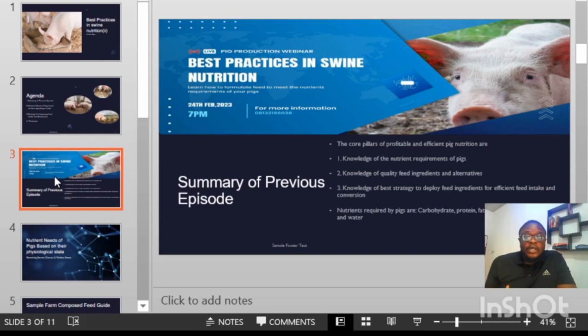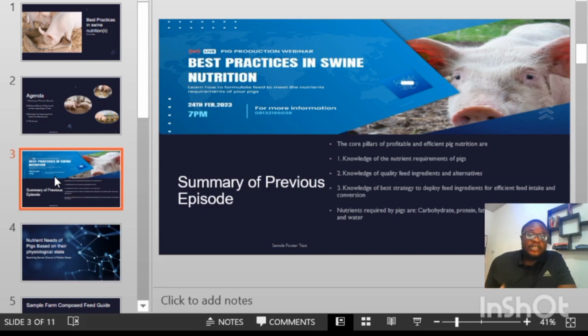So we looked at the nutrition requirements for pigs, and we said, look, just like human beings have a balanced feed system, nutrients that make up the balanced feeding, for pigs also, we have nutrients that should make up a balanced feed. These nutrients include carbohydrates, otherwise called energy, protein, fatty acids, vitamins, and minerals, as well as water. So these are the basic nutrients required by pigs.